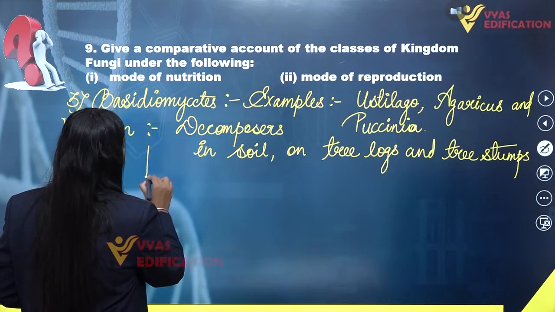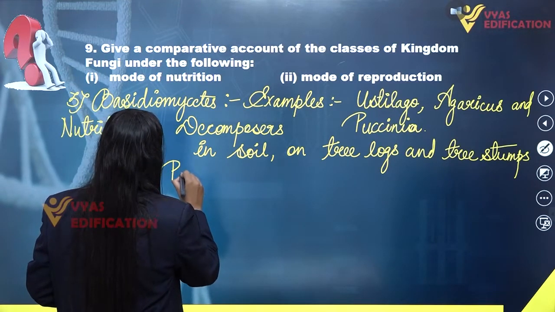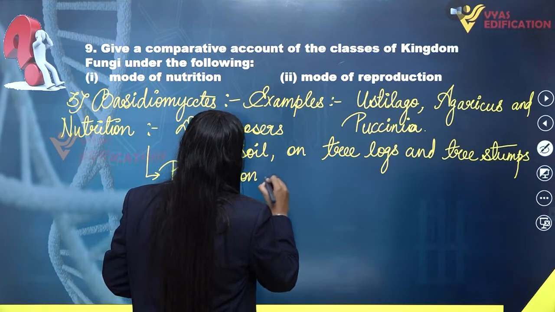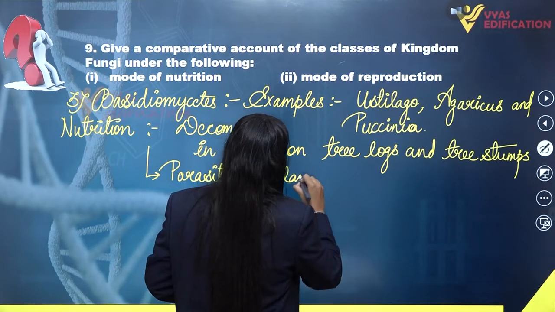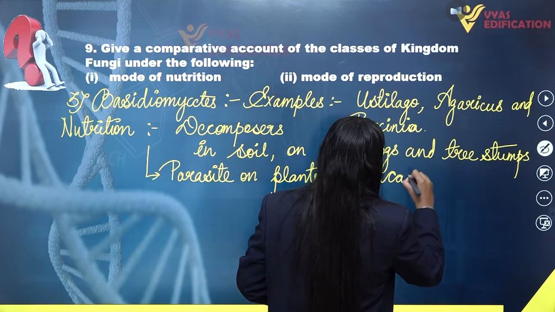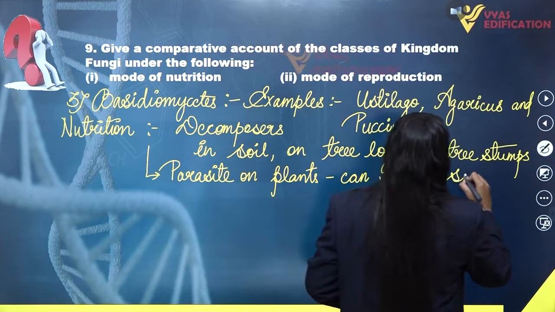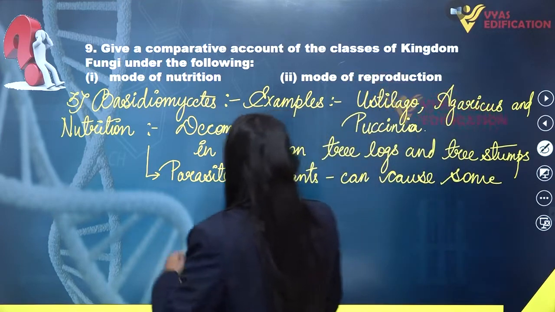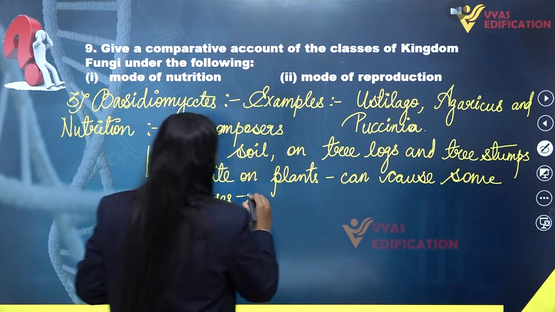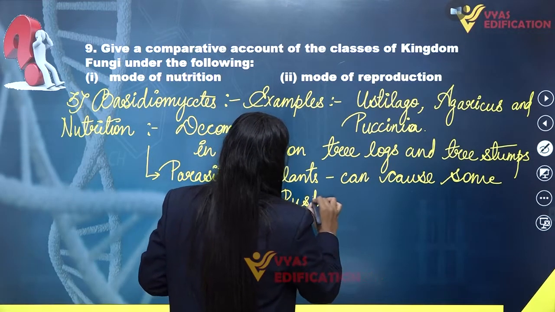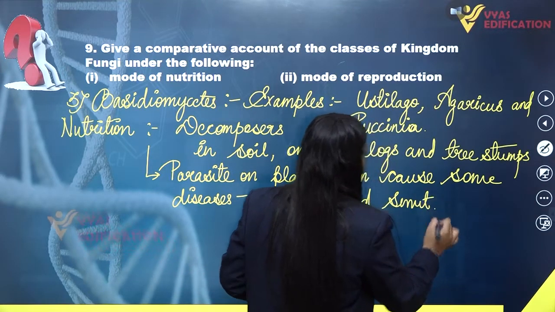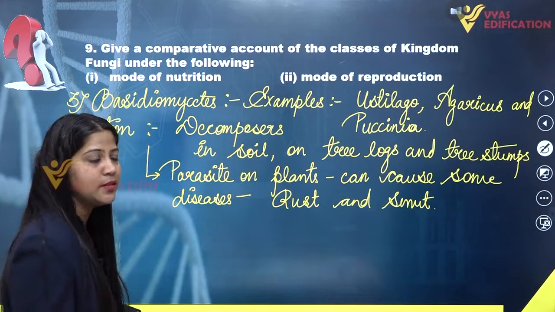So this is one type of nutrition exhibited by the members of Basidiomycetes. Also they can live as parasites on some plants and can cause diseases such as rust and smut. So this is all about the mode of nutrition exhibited by the members of Basidiomycetes.